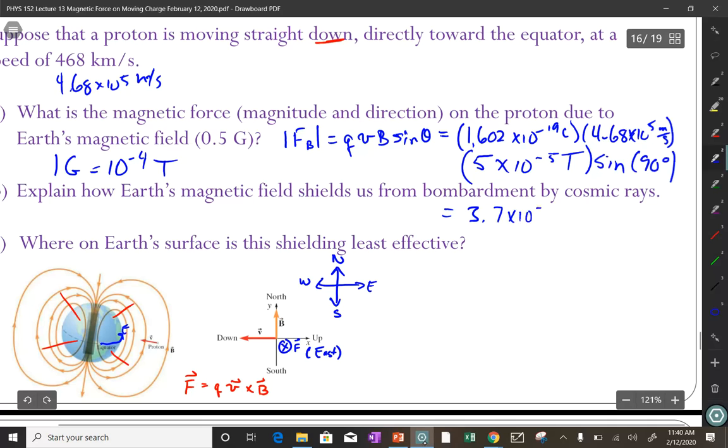Now I only put 2 sig figs because we only had 1 sig fig in our original number. So this is the magnitude of the force, and its direction is east. So my force vector is equal to 3.7 times 10 to the minus 18 newtons east.